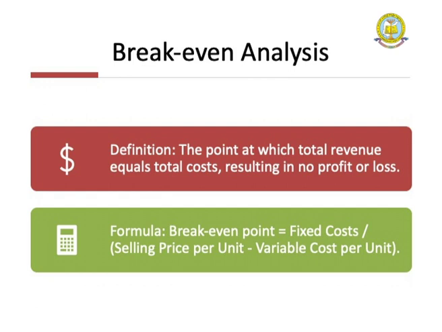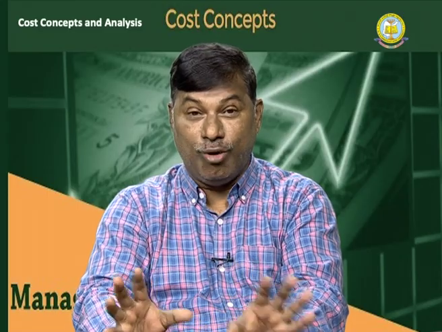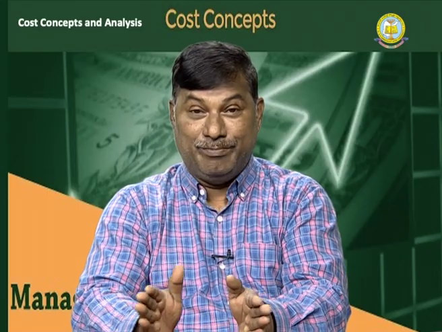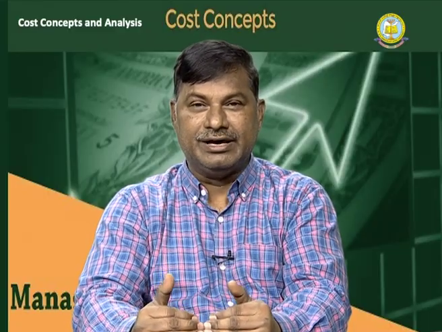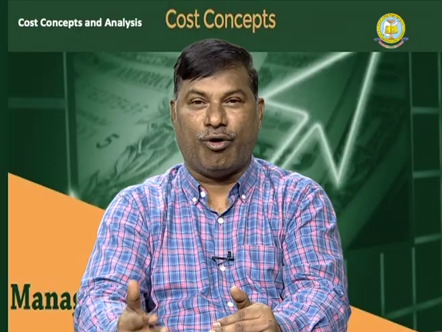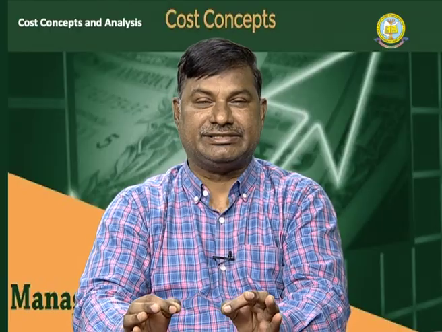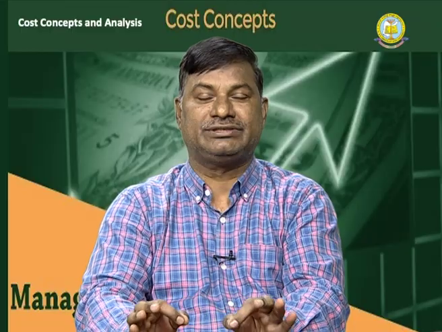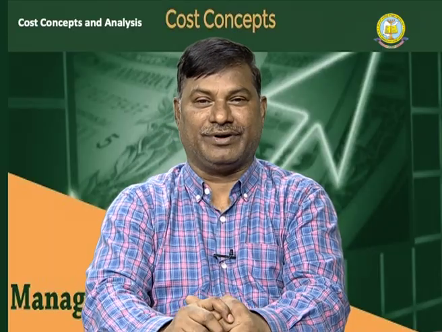It is the point where the company attains no profit and no loss. Below this point, the company incurs loss. Above this point, the company yields profit. So, break-even point is the point where there is no loss and no profit. And this is the point that companies all the time look for.